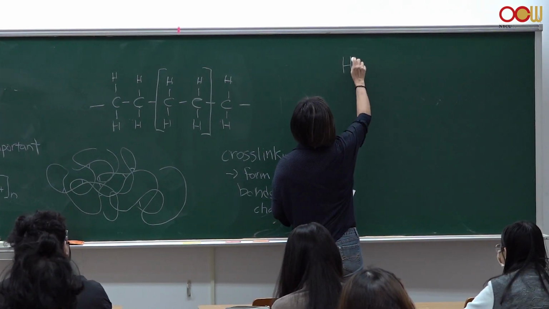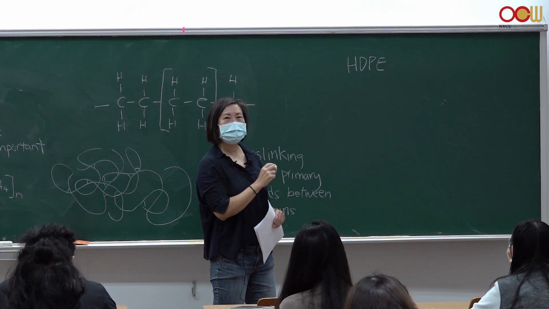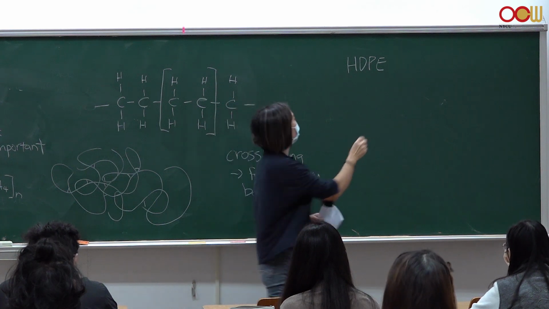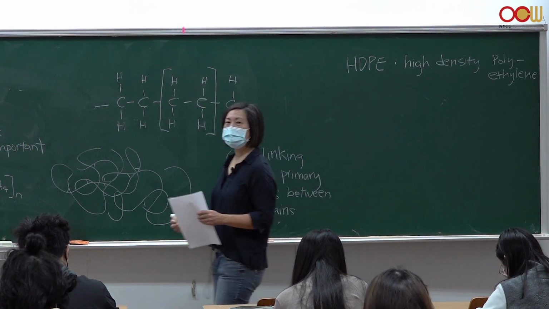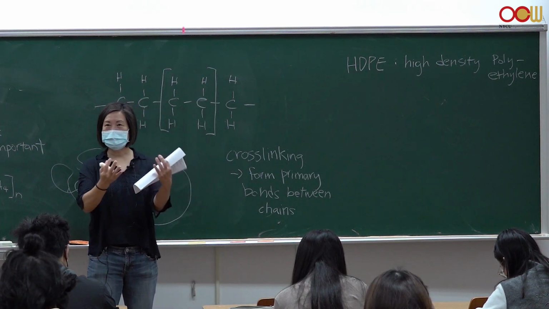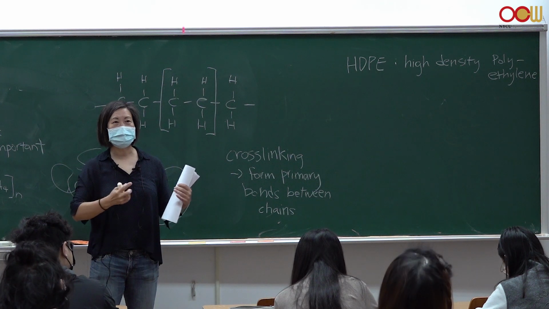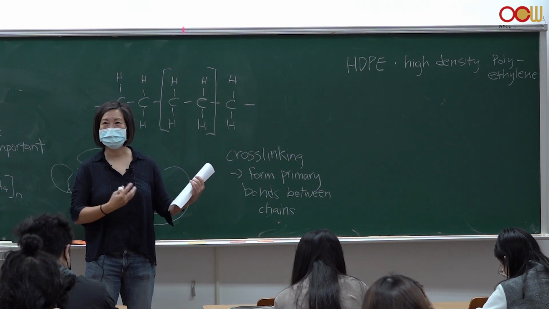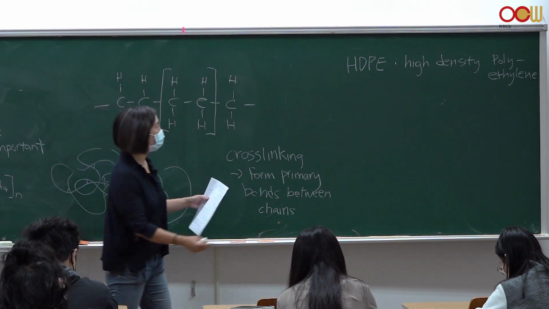Some of the ones that you probably have heard of, I don't know if you've ever seen this, HDPE, high-density polyethylene. It's a lot of times in a recycling symbol. It'll say HDPE, so people know how to recycle a high-density polyethylene versus a low-density polyethylene.